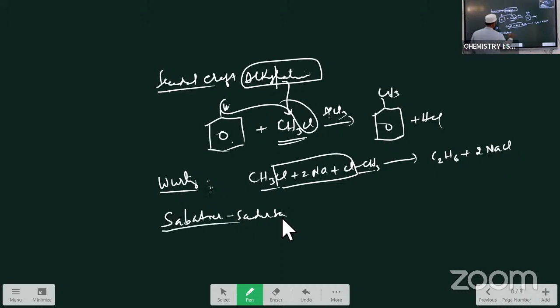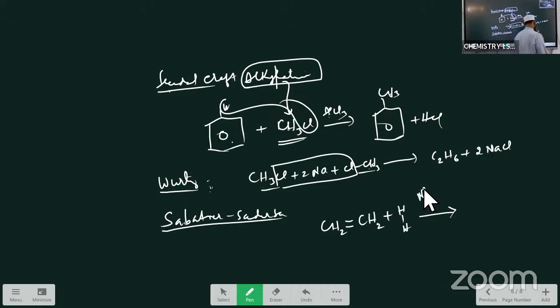What is the Sabatier-Sanderson reduction? It is nothing but the saturation of unsaturated compounds, either acetylene or ethylene. These are saturated by hydrogenation in the presence of nickel. The nickel is the catalyst used.